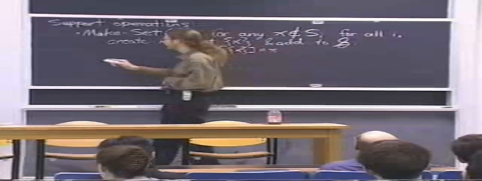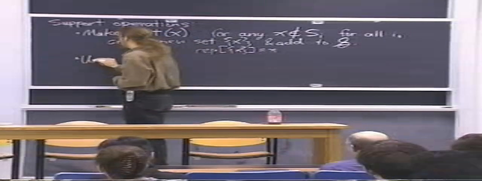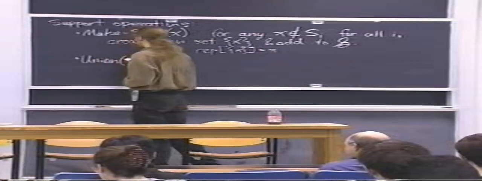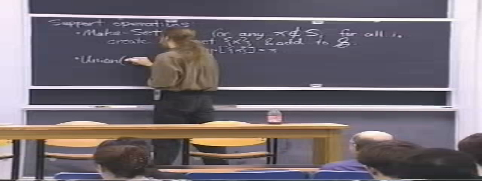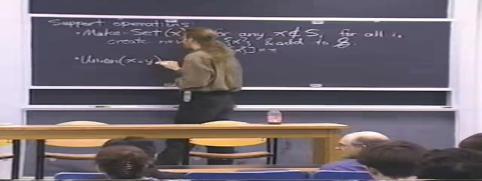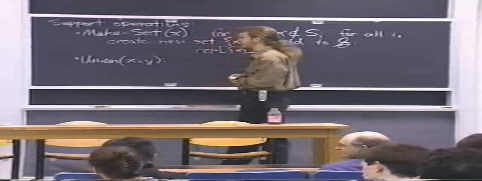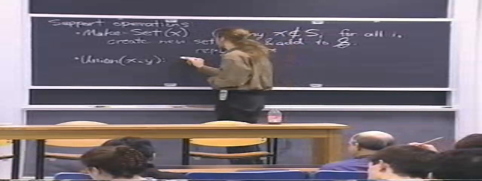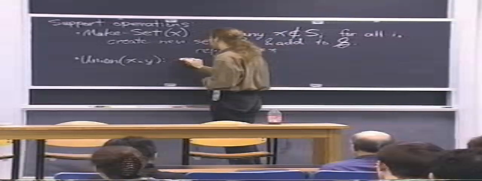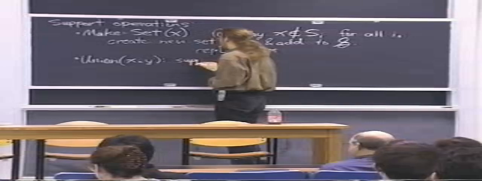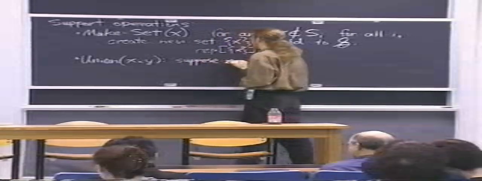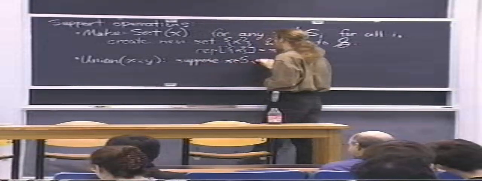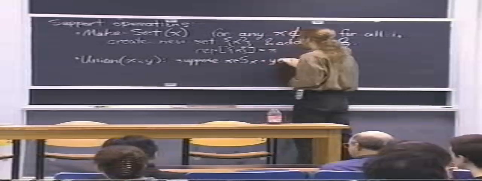All right, now the more interesting thing I can do is a union. So if I give you two elements, say x and y, then let's suppose that element x is in the set S_x, and element y is in the set S_y.